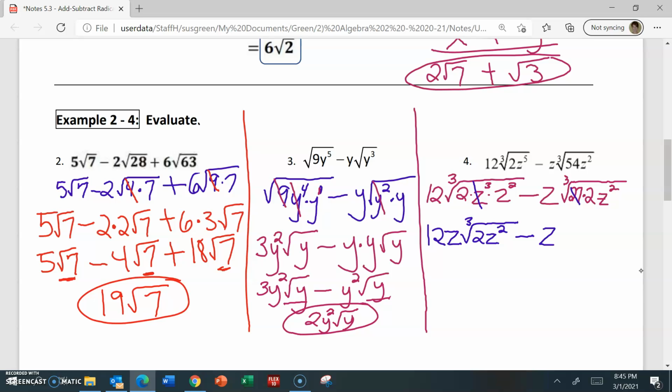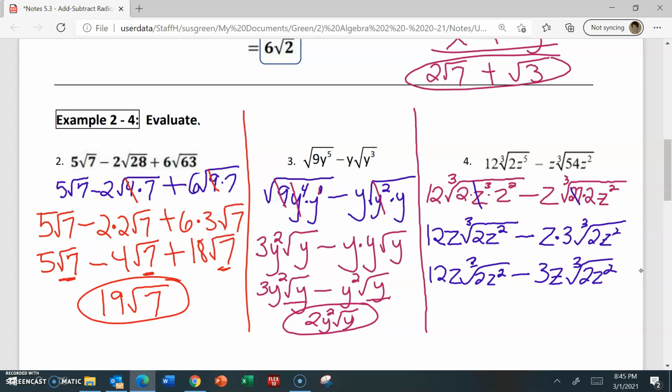The cube root of 27 is 3. Can't do the cube root of 2 or z squared. Now, we don't like to have z times 3, so I'm going to write that with the coefficient in front. So we have 12z cube root 2z squared minus 3z cube root 2z squared.